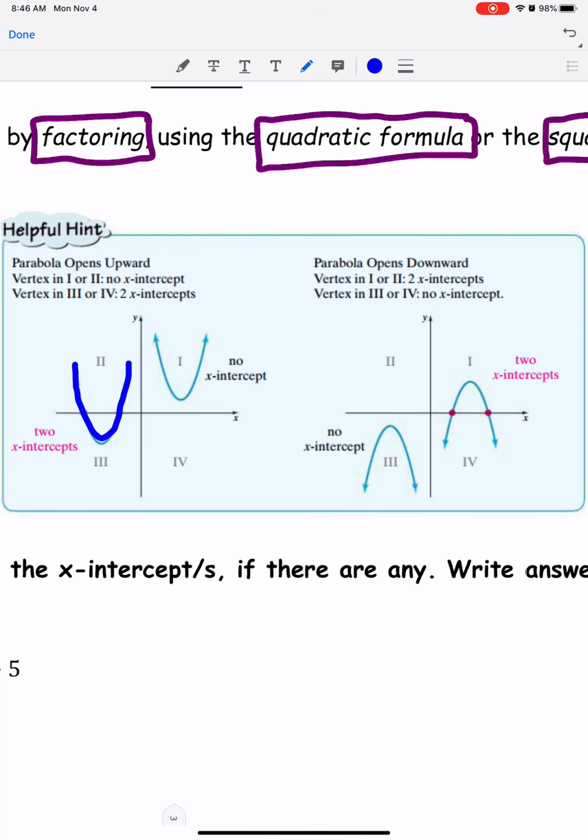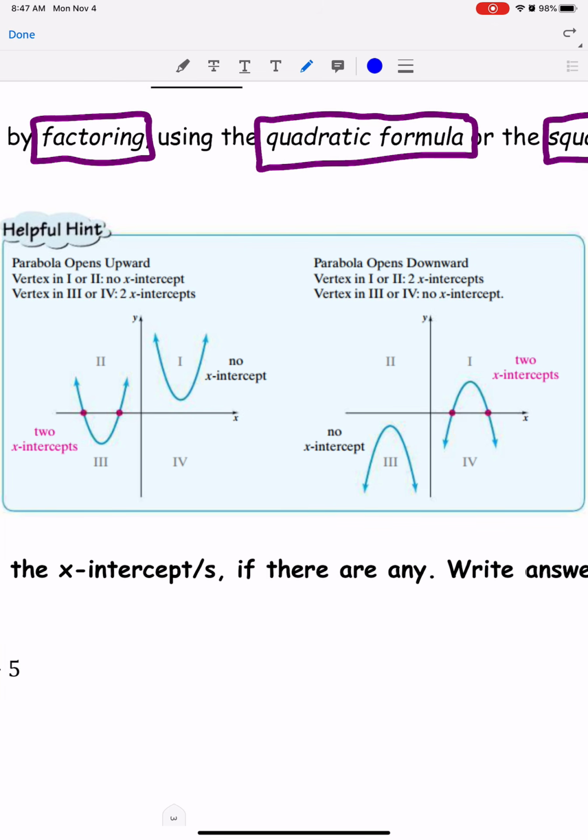If that max or that minimum is below the x-axis, it crosses that x-axis in two different points. But if that vertex, that minimum, is above that x-axis and it's going upwards, it never touches that line. So you don't have one.